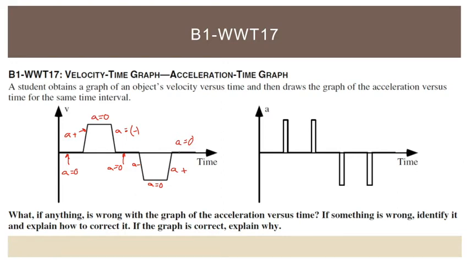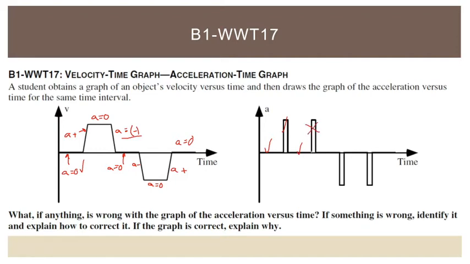So our acceleration versus time graphs should match that. So coming back to here, and we'll do this in order just so we make sure, 0 acceleration, 0 acceleration, positive acceleration, positive acceleration, 0 acceleration, 0 acceleration, negative acceleration, and that's where they made their mistake.